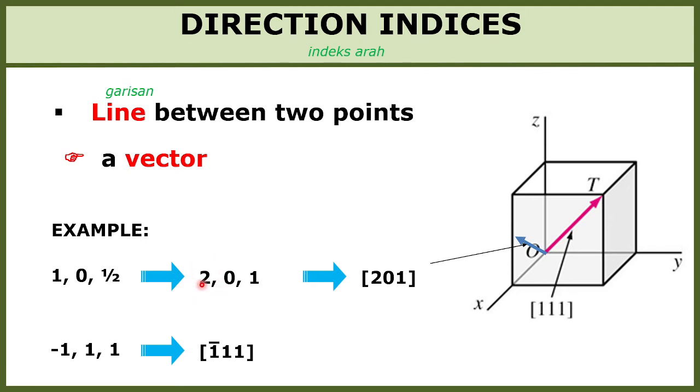After we multiply by 2, it is 2, 0, 1. So the direction for this line is 2, 0, 1. In case you get a direction that is negative 1, 1, and 1, for negative 1 we use an overbar. The overbar represents a negative index.